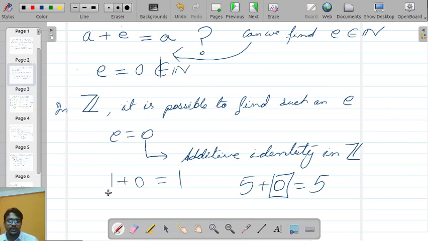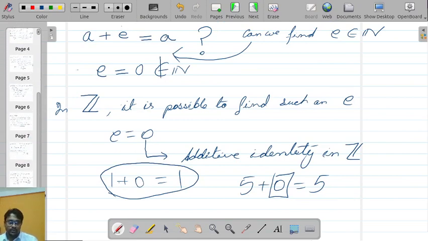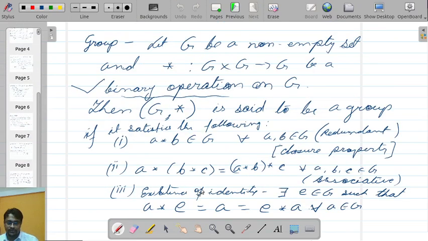Something like this: 1 plus 0 equal to 1. 1 added with 0 is 1, so 0 is the additive identity. Here the operation is star. A star E is A, equal to E star A, for every A in G. So that is called the existence of identity.